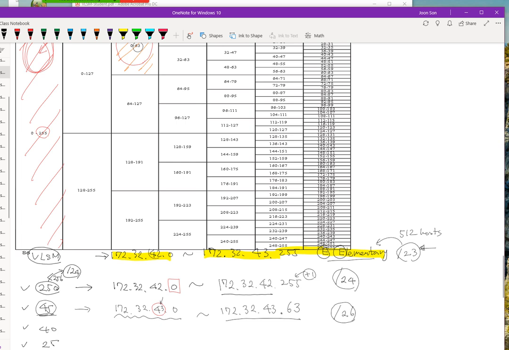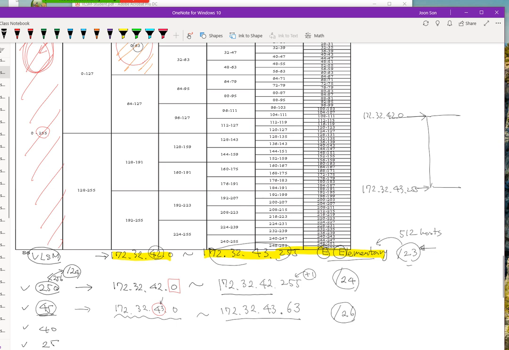Okay, so that means, think about it. This is like a 42, right? So basically, the starting point is 172.32.42.0, right? And the ending point is this guy, 172.32.43.255, right?